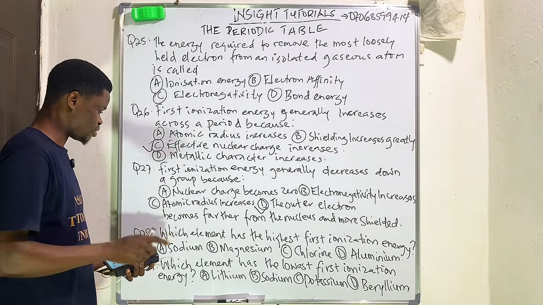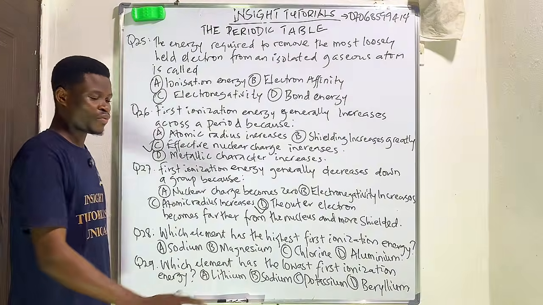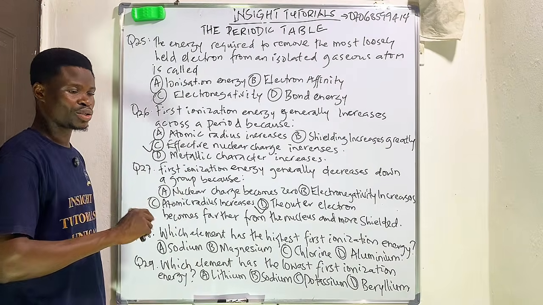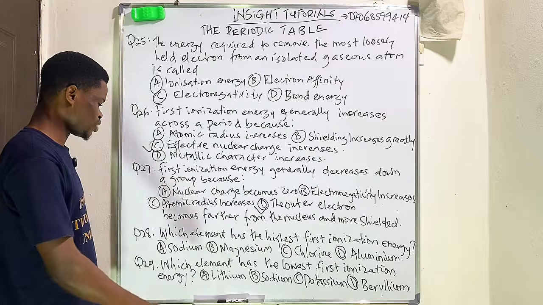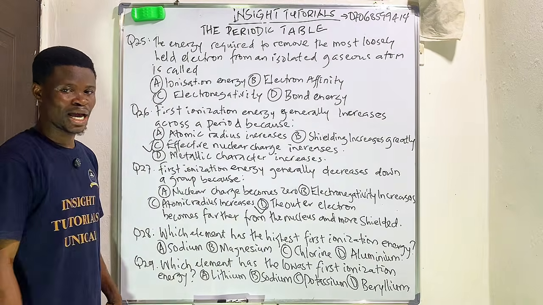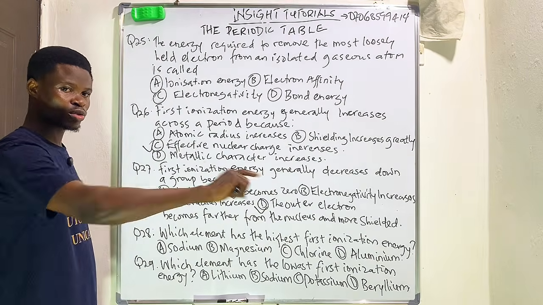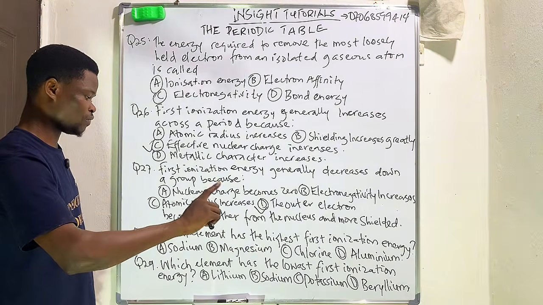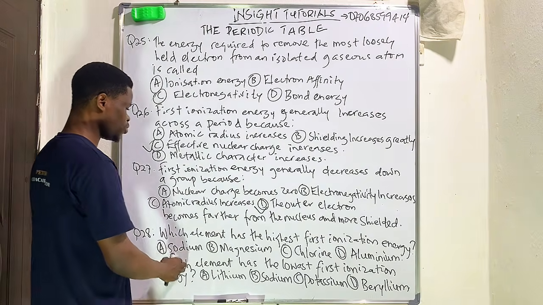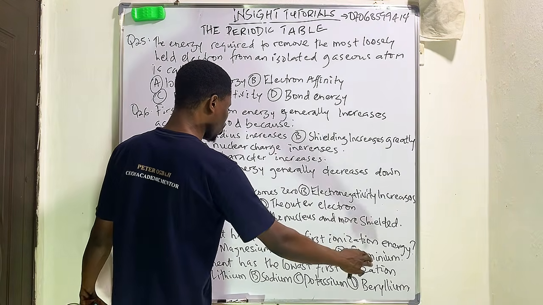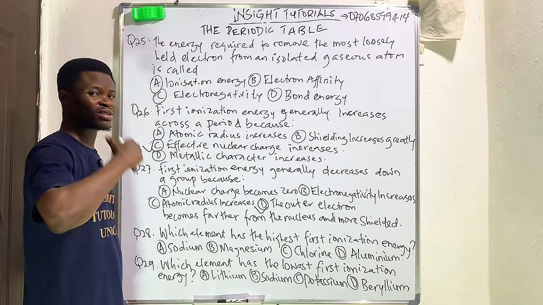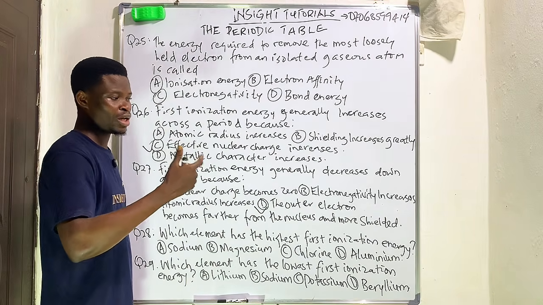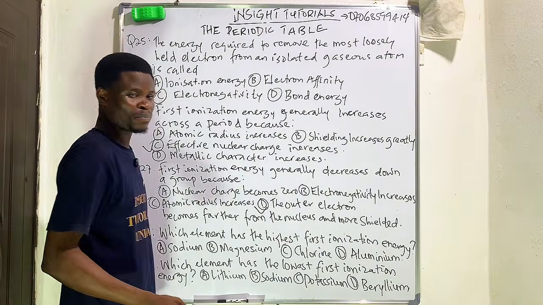First ionization energy generally increases across the period, and all these elements listed here are period 3 elements. If you move from sodium to magnesium to aluminum before you get to chlorine, it means chlorine has higher first ionization energy than the other elements.